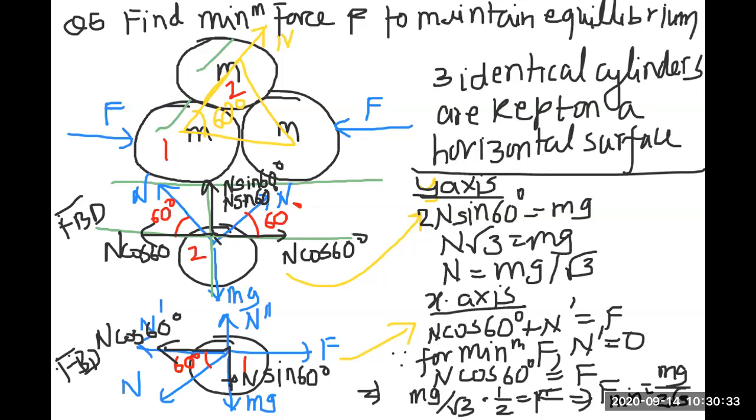So if the minimum force required is 100 newtons, even if you apply 120 newtons, the objects will not move. Still there will be equilibrium. If you apply 150 newtons, still there will be equilibrium. If you apply 200 newtons, still there will be equilibrium, and so on. So what is changing when I'm applying this additional force?